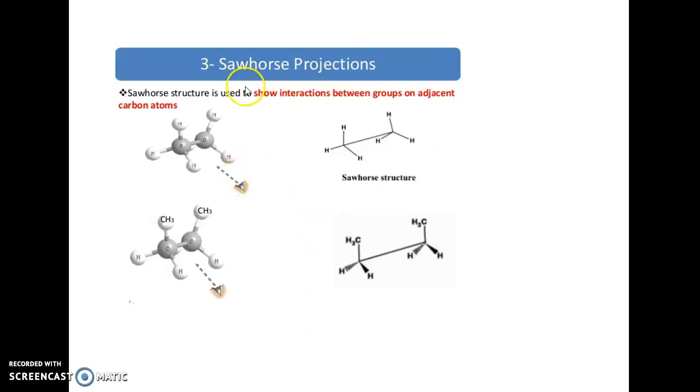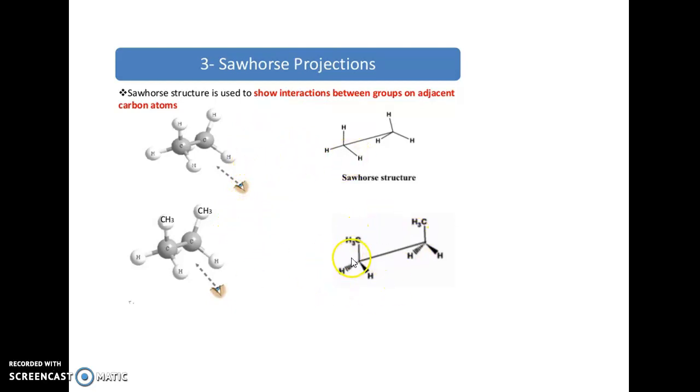So next one is the Sawhorse. The Sawhorse structure is used to show the interaction between the groups on adjacent carbon atoms. In the case of ethane, you can see the Sawhorse structure for the eclipsed form, wherein you can show the interaction between the groups on the adjacent carbon atoms.